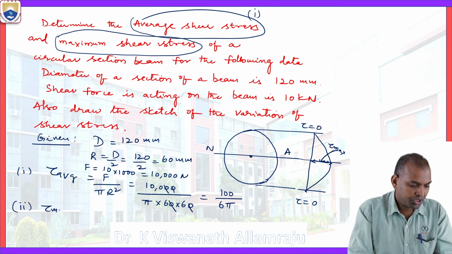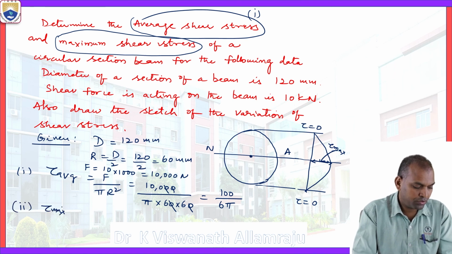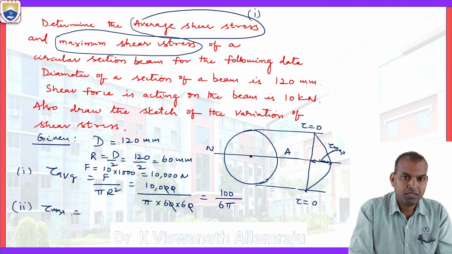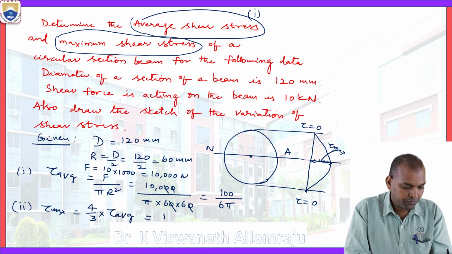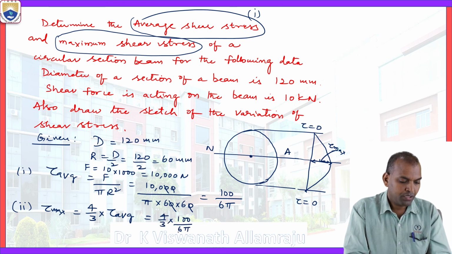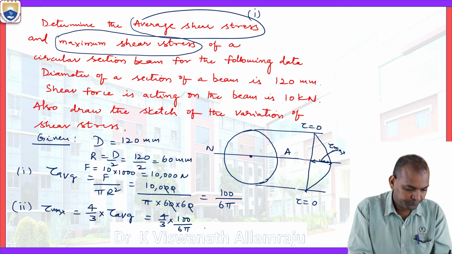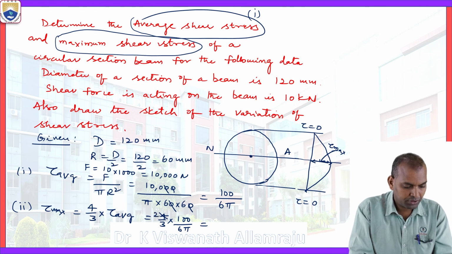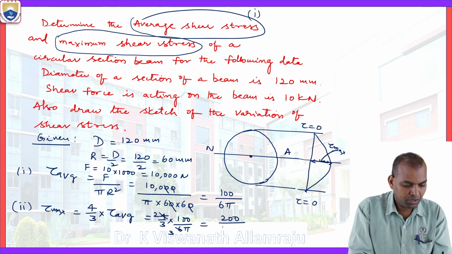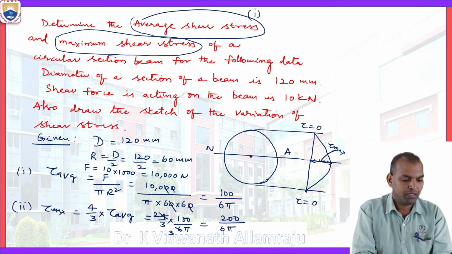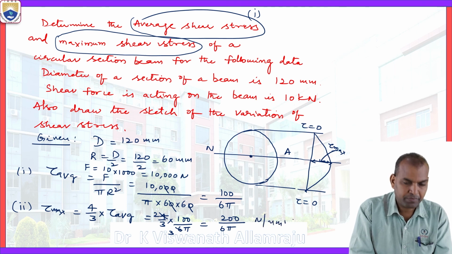And the maximum shear stress equals what? 4/3 times average shear stress, that is 4 by 3 times 100 by 6 pi. If you simplify it further, it is 200 by 6 pi Newton per square millimeter.